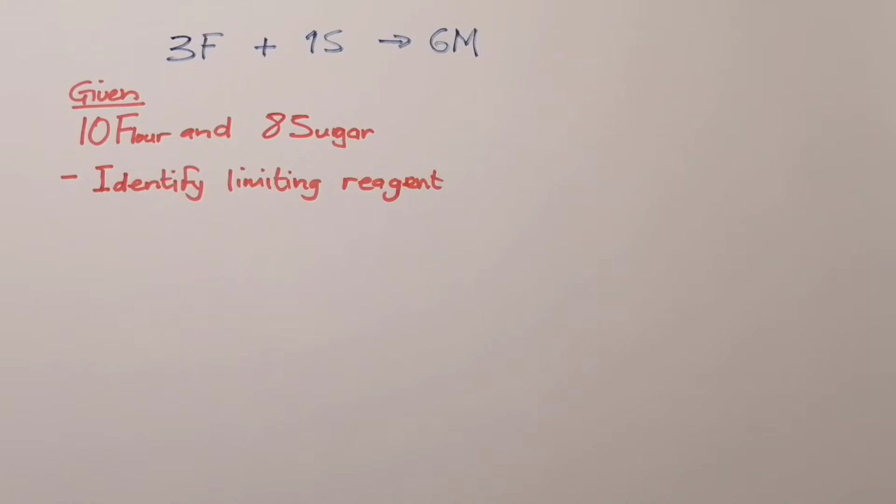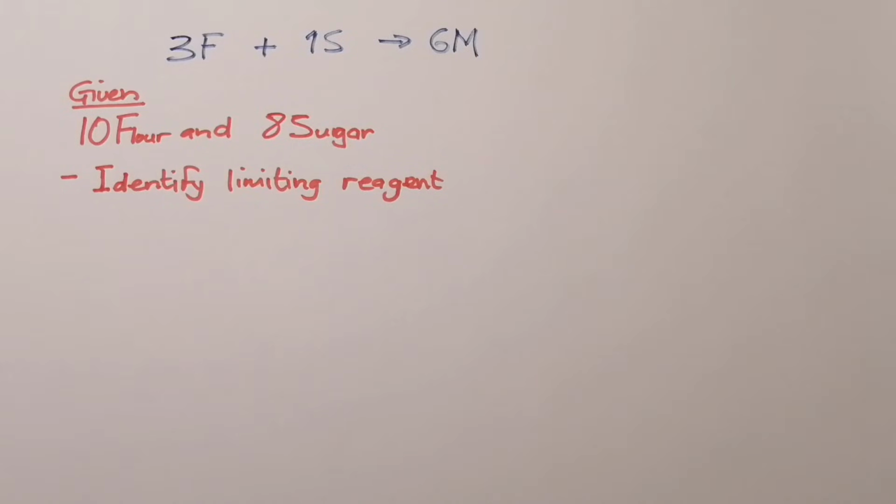So I want to first find out which of the 2 ingredients is likely to run out first. The one that runs out first will be the one that limits how much of the product we produce, how many muffins we actually produce.